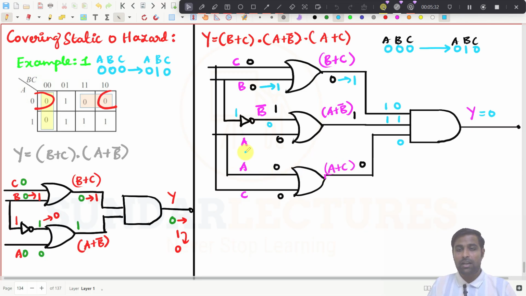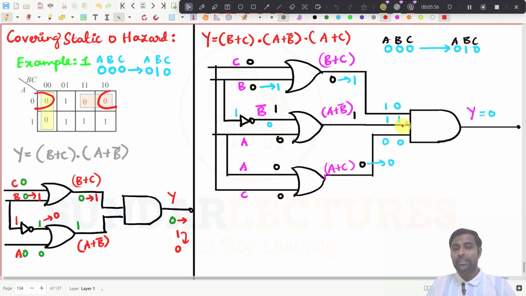But the output will not go to 1 because this A plus C input has not changed. So there is no change in these two, this will remain 0. Even if these two come to 1 for a moment, this particular gate keeps the output 0.